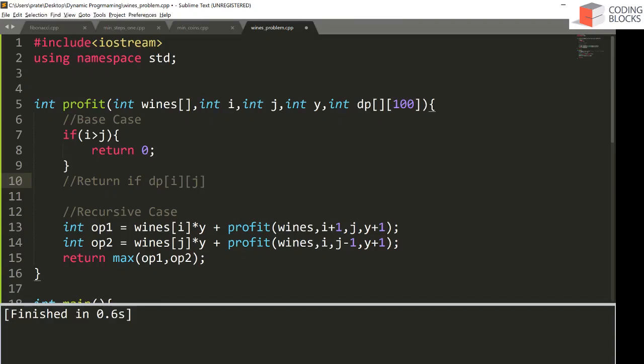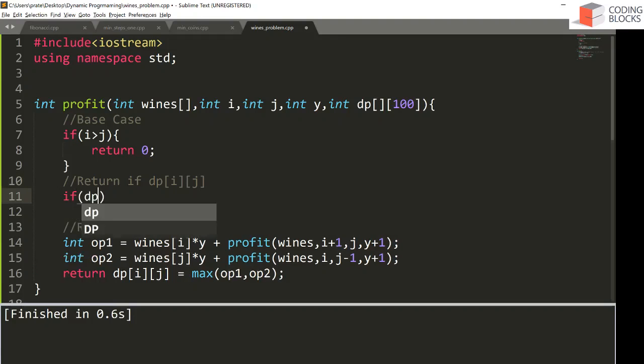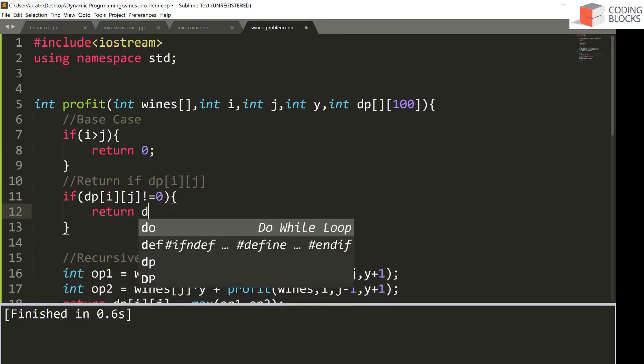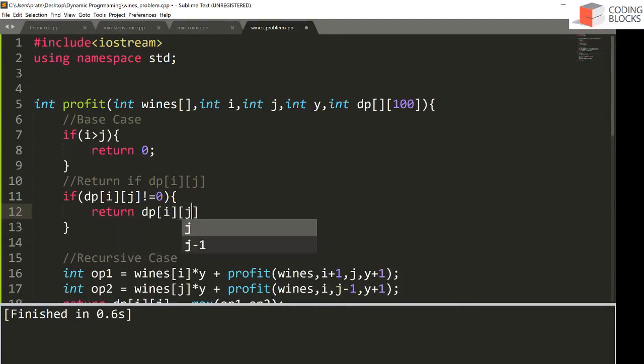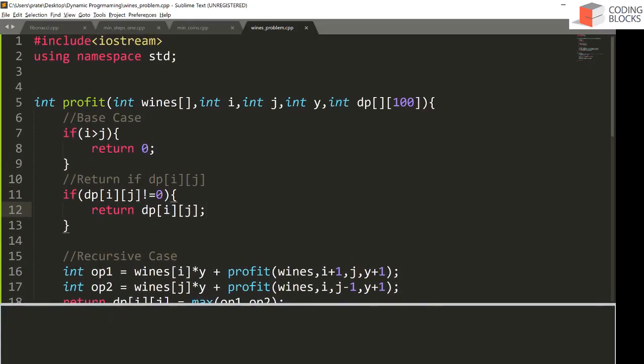So what we are doing, we are basically computing dp of ij. What is the optimal answer if you have bottles from index I to index j remaining in your array? So if dp of ij is already known, if it is non-zero, I will just return dp of ij, right? So let me build this again.